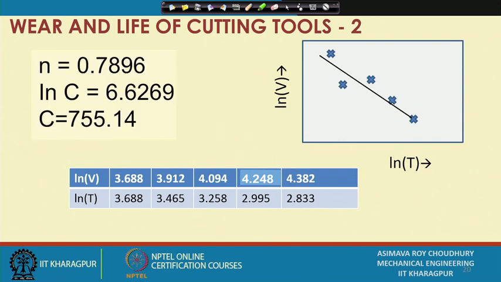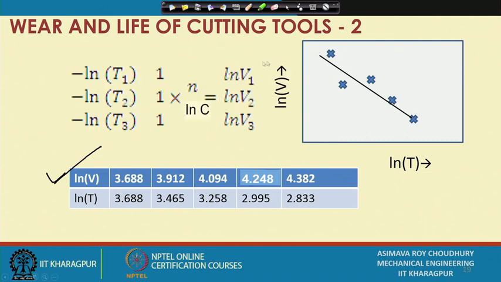Okay. So, if we are given such values of velocity and time, first what we have to do is convert them into ln values and make up the matrices in this form, where just these will be used from the table.